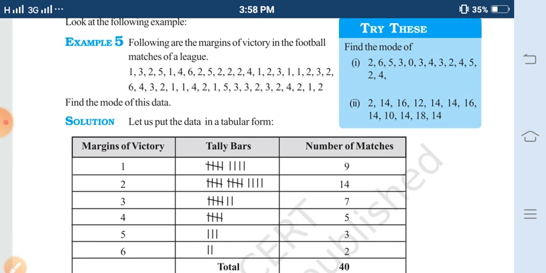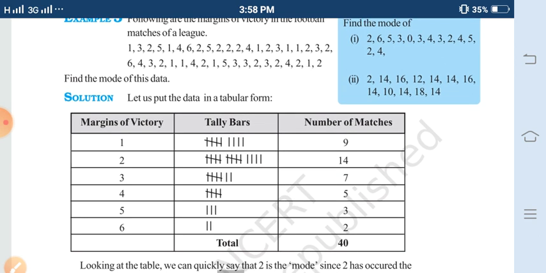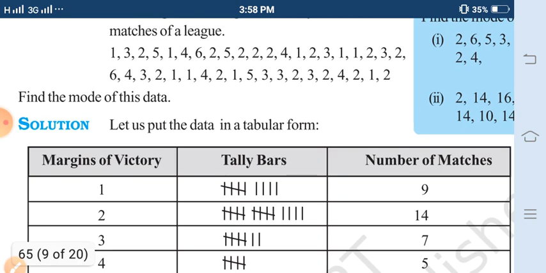In this example, first of all, you have made the frequency table. You have listed all the margins of victory in ascending order. After that, you have counted the total number of times 1 appears here. How many times has 1 appeared here? It is 9 times.